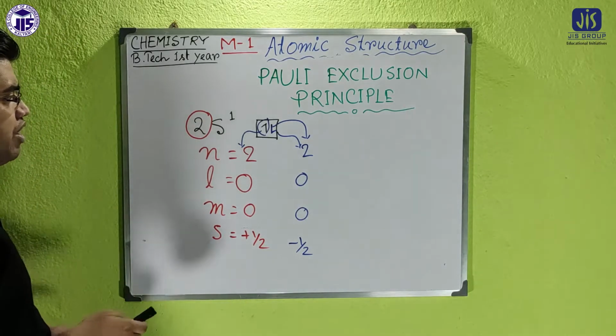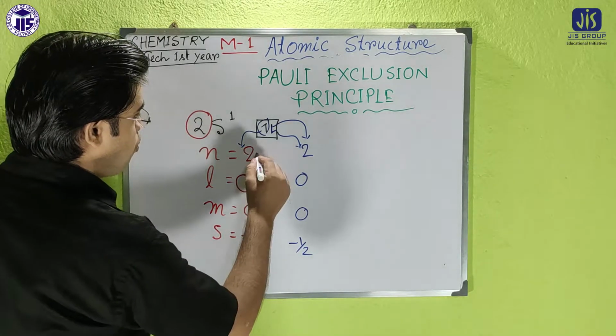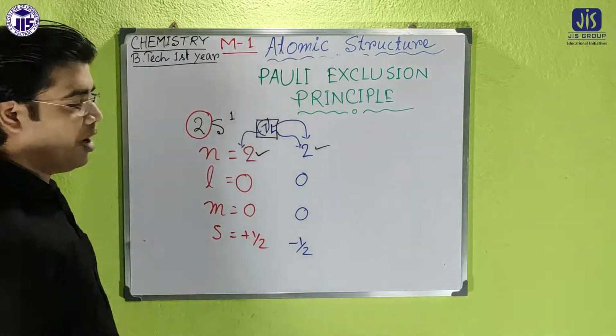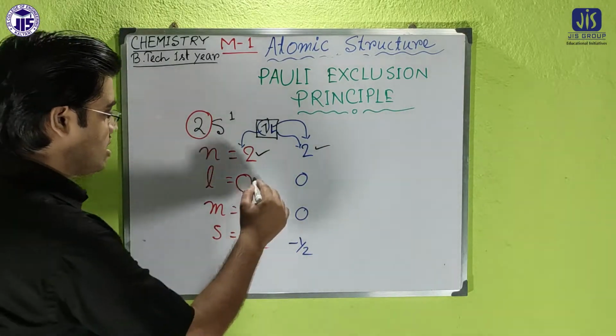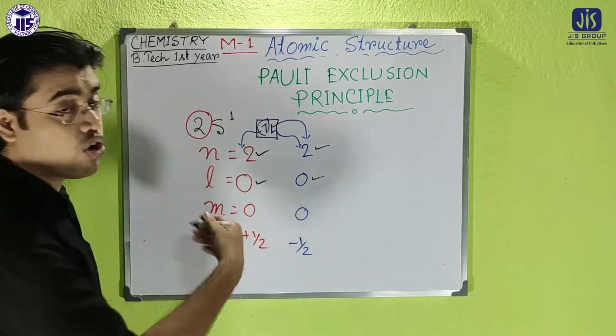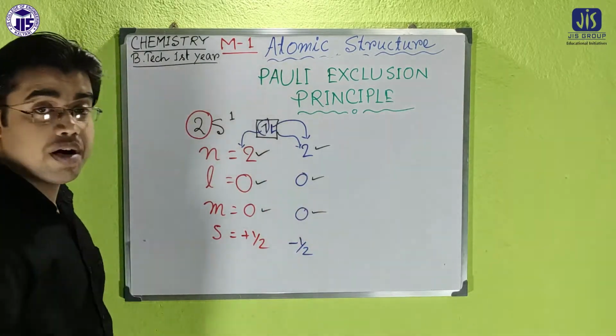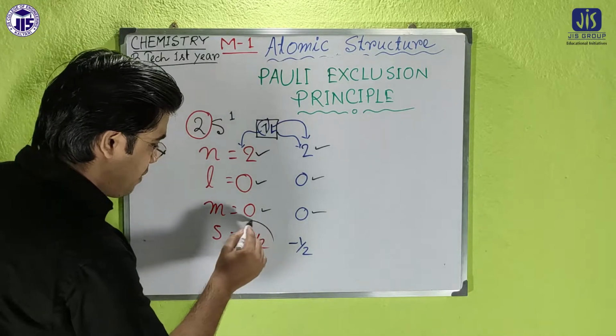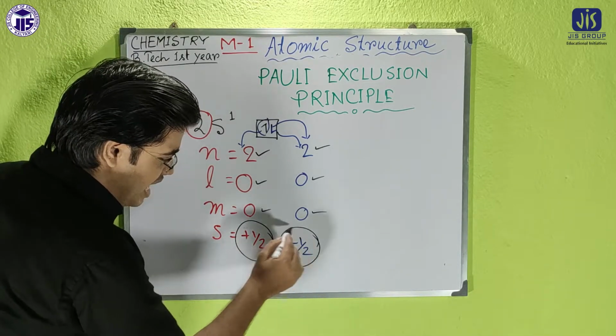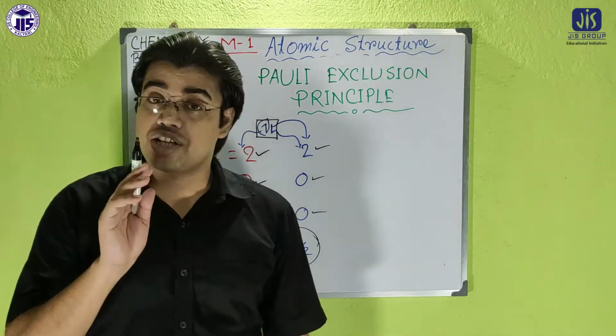Now look here, for the first case, like 2 and 2, principal quantum numbers are same for both cases. Azimuthal quantum numbers are also same, and your magnetic quantum number is also same, but the spin quantum number values are not same.